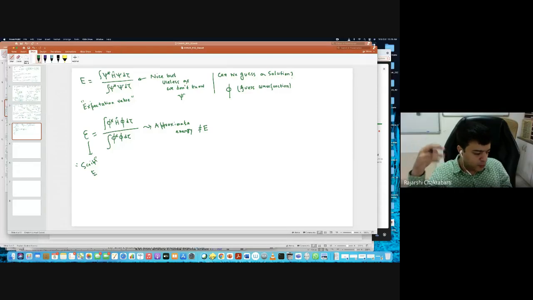So now if I am doing this for the ground state, the ground state energy is E naught. It is possible to show that whatever guess wave function you take and calculate the energy, this is going to be greater than or equal to E naught.